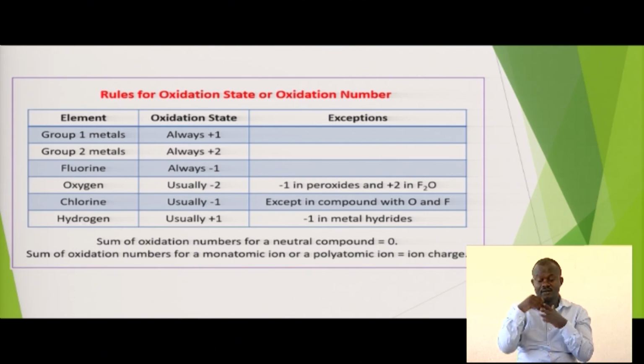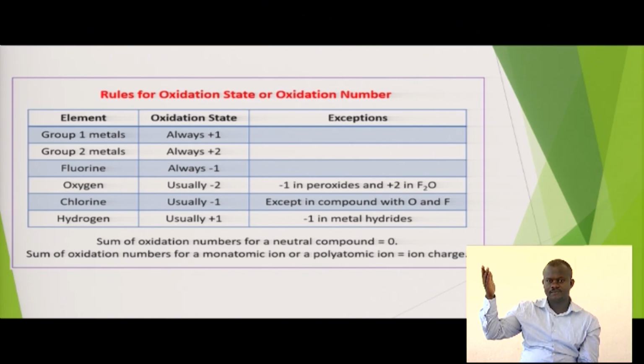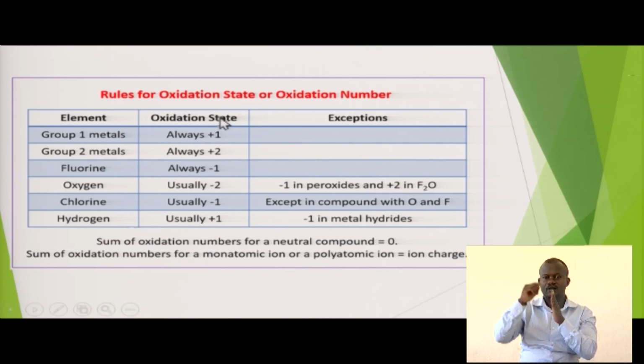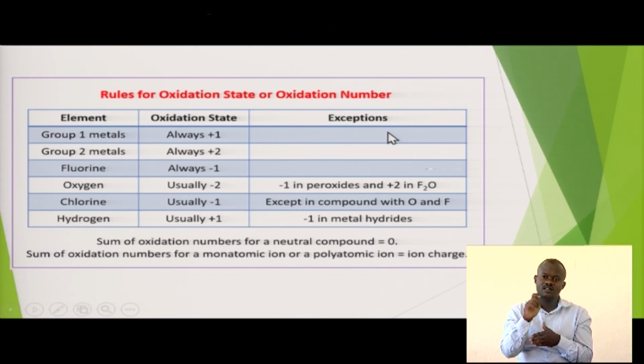They are simple rules, so that we can calculate these oxidation numbers with ease. The rules are over there on the screen. Please have a look at the screen. We have the element, the oxidation state, and the exceptions. Those are 3 tables, if you can check.